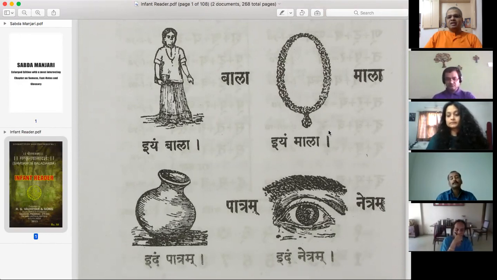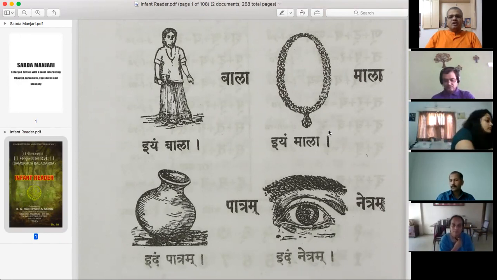But they are not animate, like mala is not animate. In Hindi also, some words get masculine or feminine gender even though they are inanimate. But people from other regions may find it difficult to understand at the beginning. But that is the way it is.